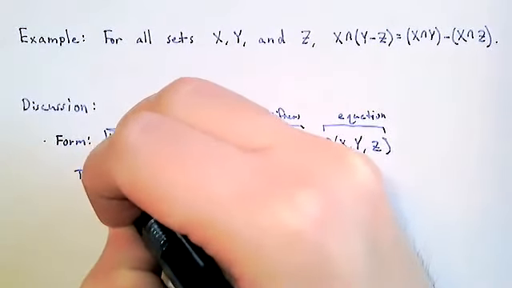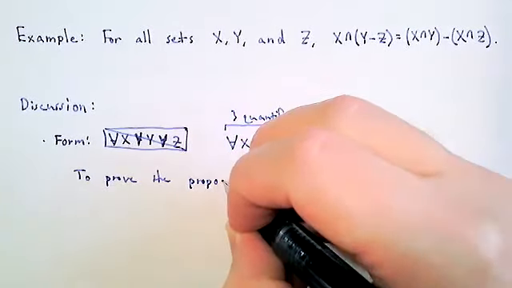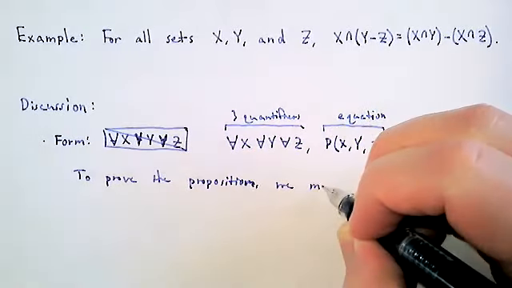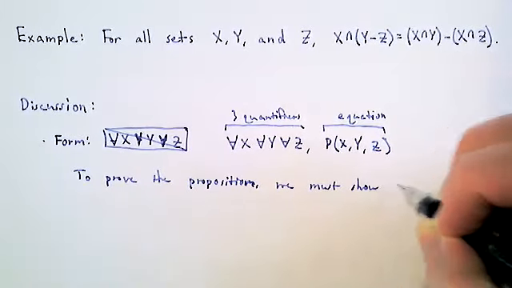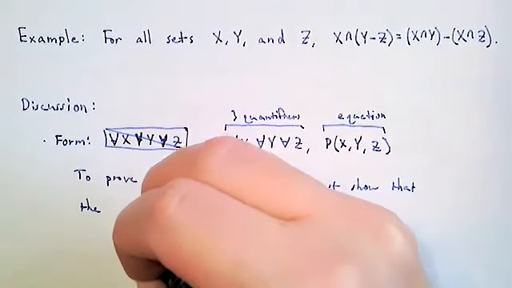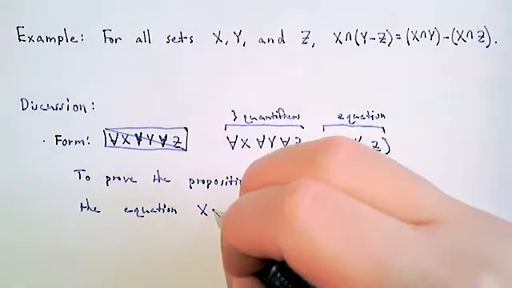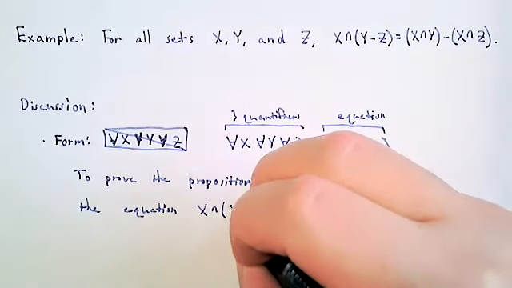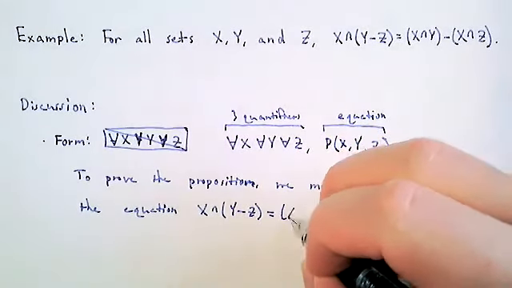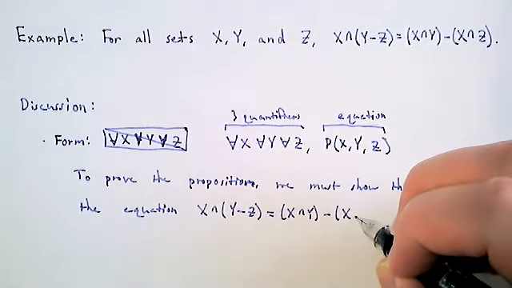To prove the proposition, we must show that the equation, and we can just write it out again, x intersected with y minus z on the left side should be equal to x intersect y minus x intersect z.